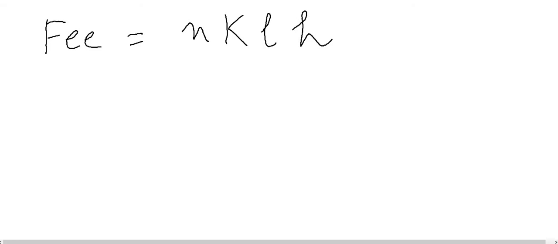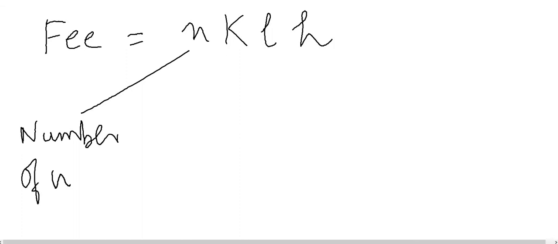So the fee is given by n times k times l times h. Okay, so 4 factors. N is the number of walls.